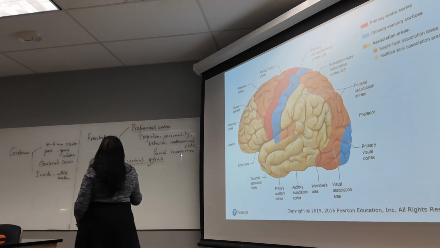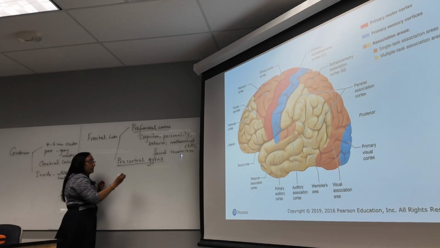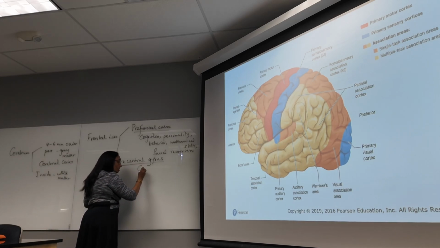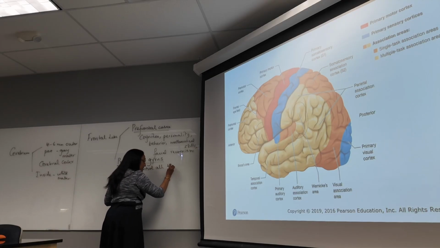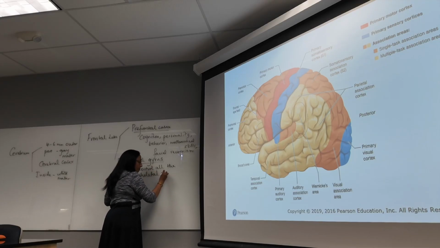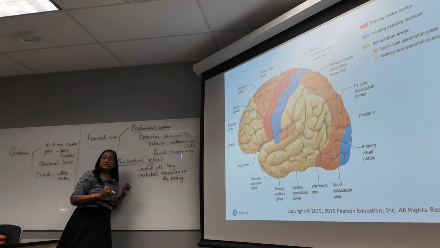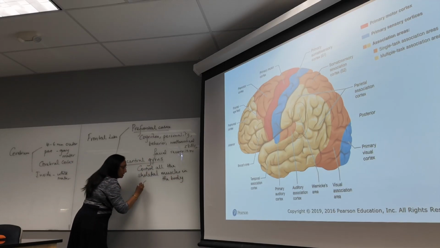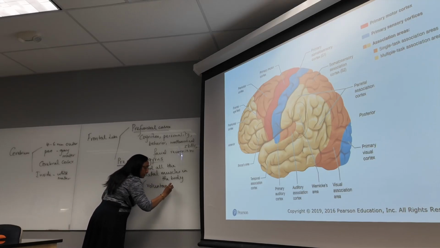So the neurons in the precentral gyrus control all the skeletal muscles in the body. Or in other words, these are the neurons that are responsible for voluntary movement.